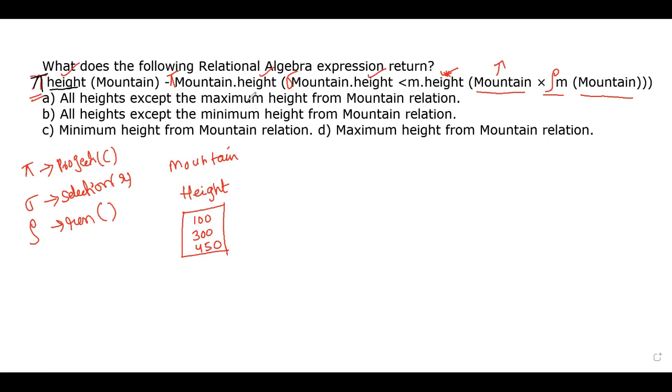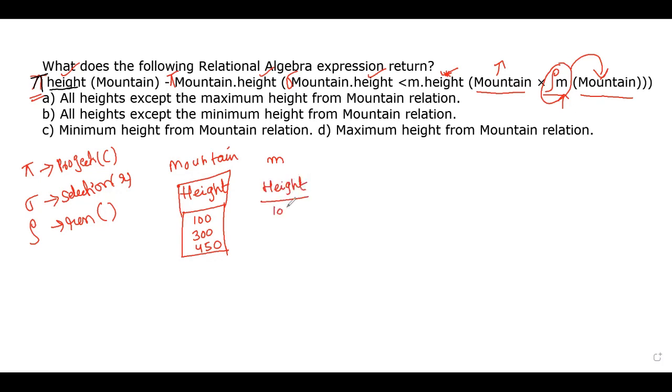Now, what are they going to ask? This table name is mountain, and I'm going to take one more table named M. So remember, they are going to say rename of M. So rename with M. The table name is mountain, meaning the mountain table is one more copy.